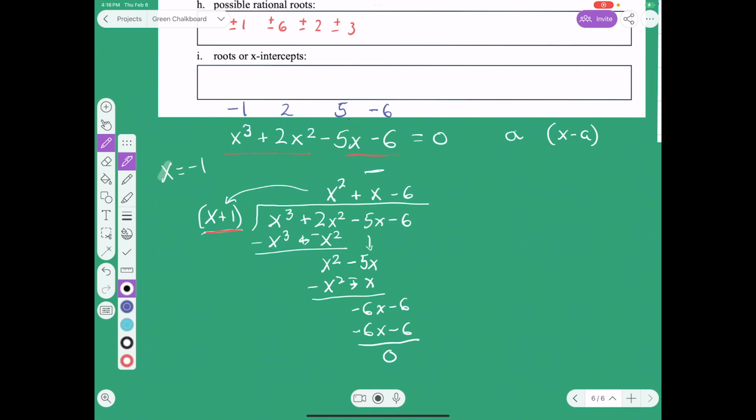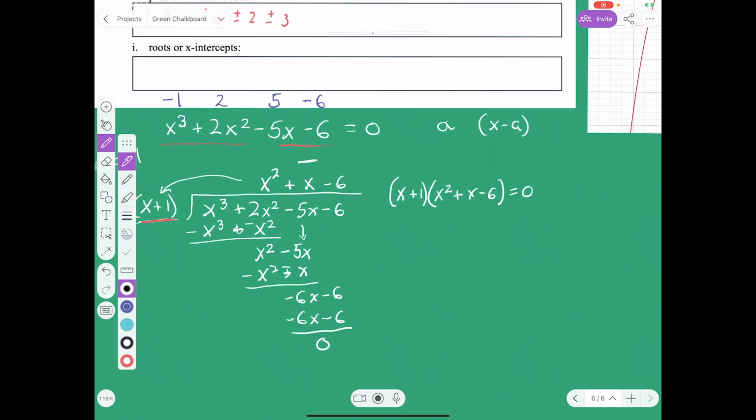Okay, so now I know that I did my division, and that tells me that x plus 1 times x squared plus x minus 6 equals the original polynomial, right? Just like if I divided 21 by 7, I would get 3, and that tells me that 3 times 7 equals 21.